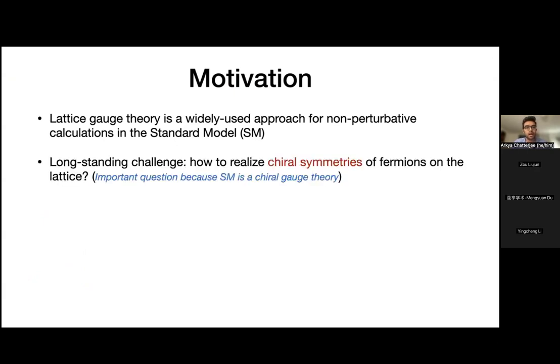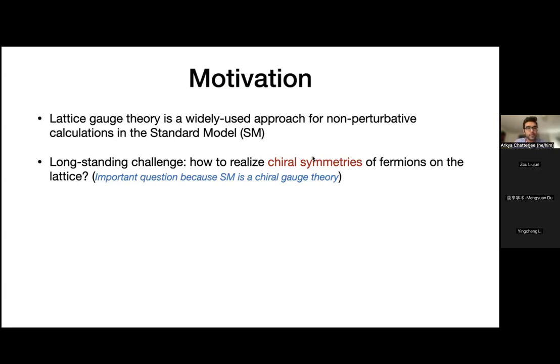A longstanding challenge in the field of lattice gauge theory is to try and realize so-called chiral symmetries of fermions on the lattice. What do I mean by chiral symmetries? I mean these are symmetries that act differently based on whether the fermion is left-handed or right-handed, loosely speaking.